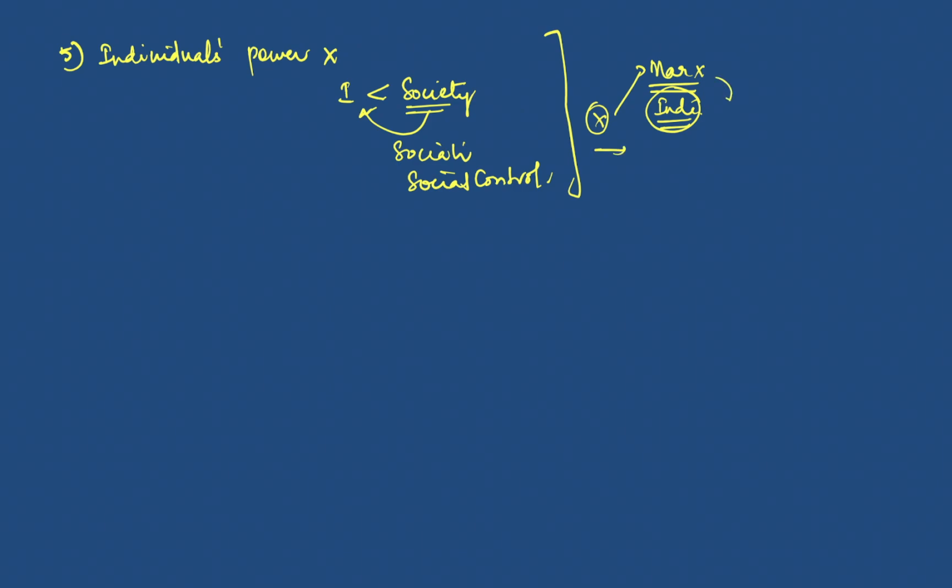We have many other influential individuals like Buddha, we have Gandhi, individuals who have changed the entire society, right? So in that way, if you see, the individual's power is being undermined by the functionalists, okay? So these are the basic criticisms.